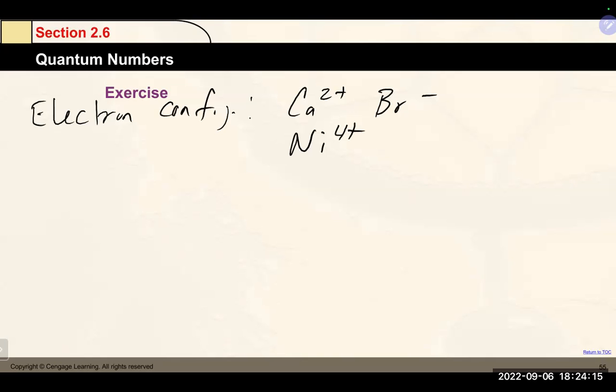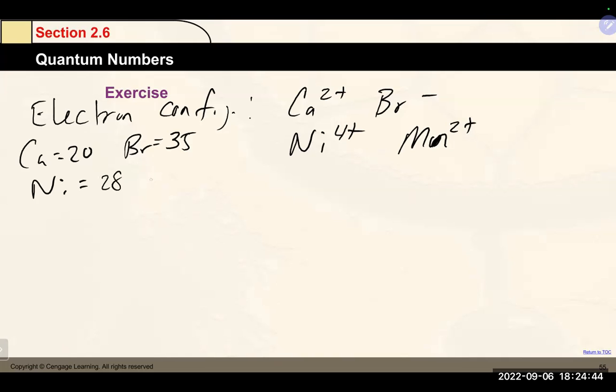And let's do an Mn2+. In case you don't have a periodic table, calcium is 20. Bromine's atomic number is 35, I believe. Nickel's atomic number is 28.